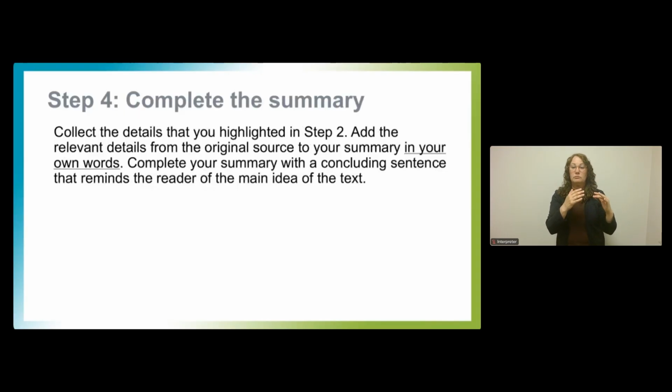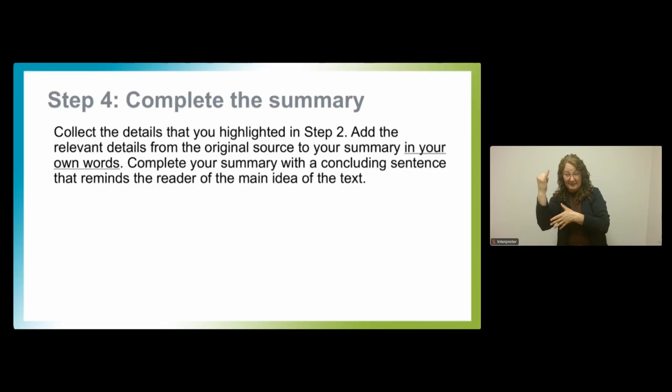So we've done quite a bit of the work already, and now we need to collect the details that we highlighted in step 2, add the relevant details that we highlighted, and in our own words, complete the summary. And then finally, use a concluding sentence that reminds the reader of the main idea of the text.